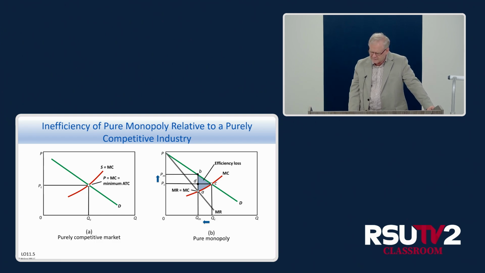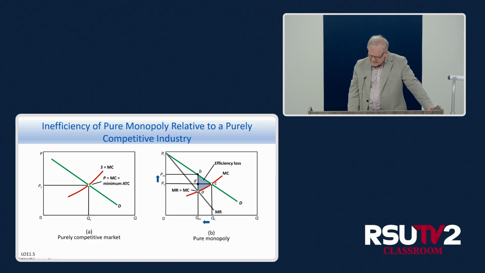There are a couple of things that are going to happen here. I hope you see this on the right. First off, consumer surplus is without a doubt diminished. Remember, consumer surplus is the area below the demand curve, the price that people are willing and able to pay, the area below the demand curve and above the price.